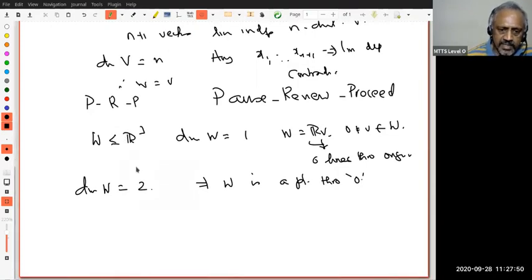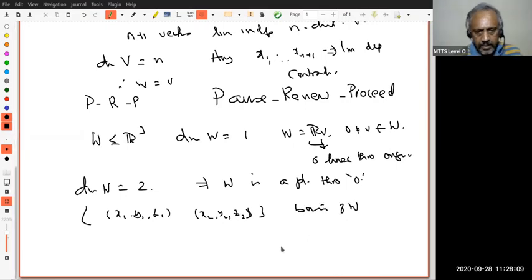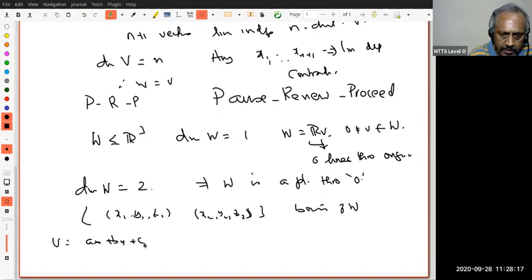That's again easy. Since the dimension of W is 2, choose a basis, let us say (x1, y1, z1) and (x2, y2, z2), of W. I want to say that W is given by an equation of the type ax plus by plus cz equal to 0.